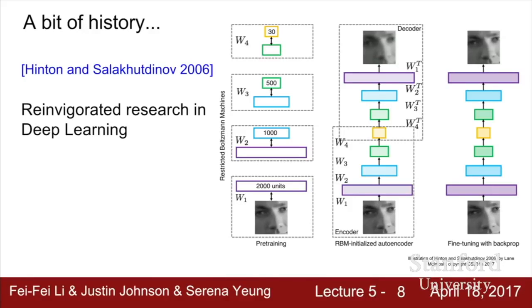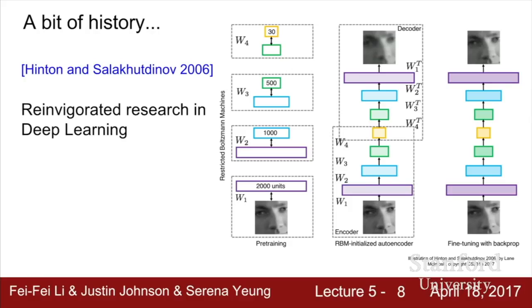So in 2006, there was this paper by Geoff Hinton and Ruslan Salakhutdinov, which basically showed that we could train a deep neural network and show that we could do this effectively. But it was still not quite this sort of modern iteration of neural networks. It required really careful initialization in order to be able to do backprop.